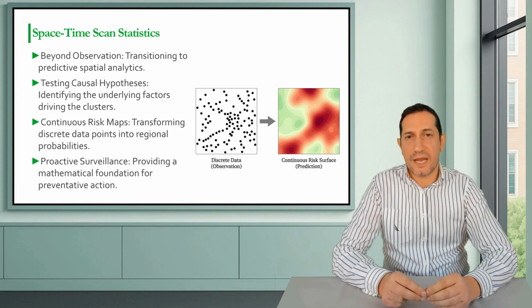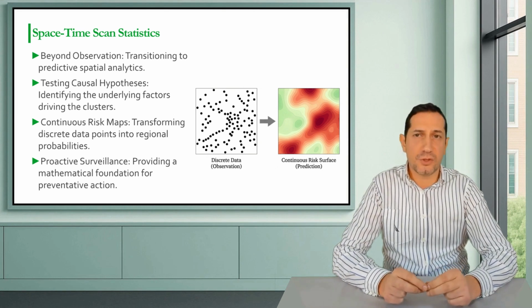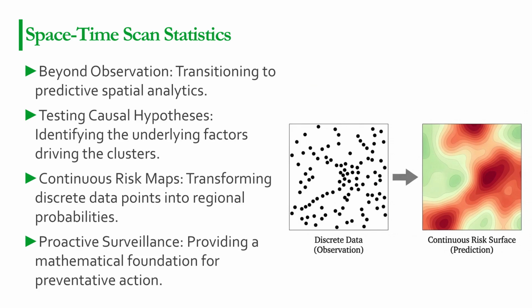We use analytical methods to test hypotheses about the link between an exposure and a disease outcome. The aim is to clarify parts of the web of causation by examining how host, agent, and environmental factors interact. By entering known risk factors into a spatial model, we can build a predictive risk surface.